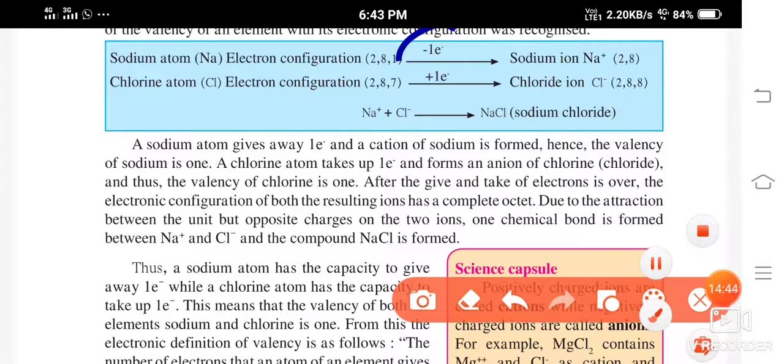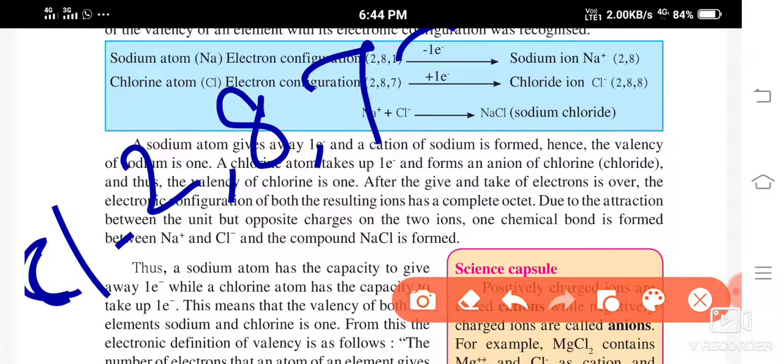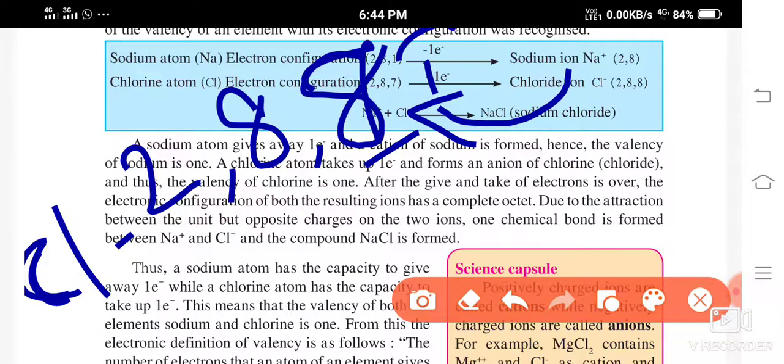Yes. Now you take chlorine. The electronic configuration is 2, 8 and 7, right? To attain the octet state, it has to either give away the 7 electrons or take 1 electron, so that this will become 8.